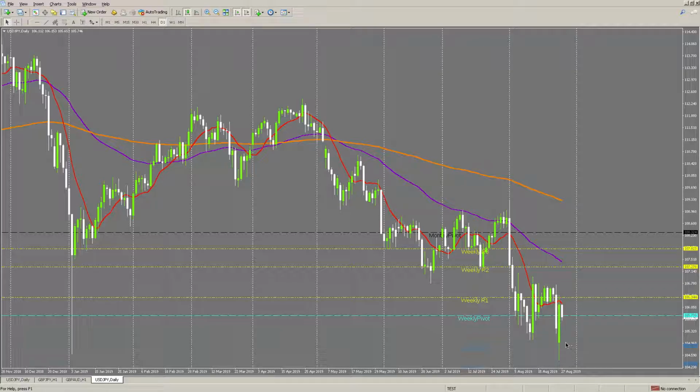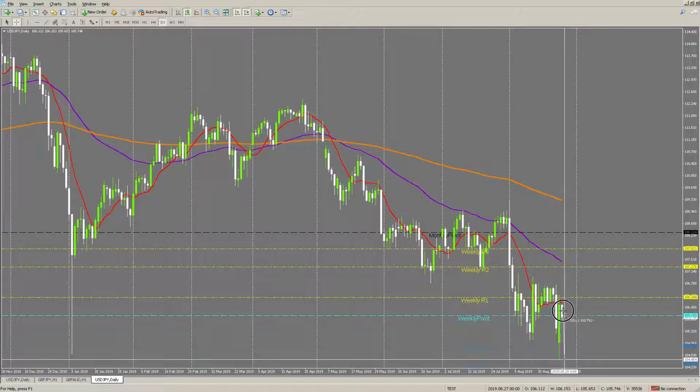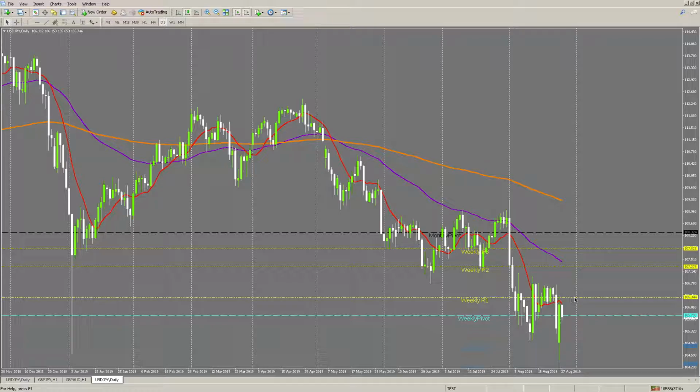And yesterday, after making a significant low here at 104.45, it rebounded and came all the way back up 190 pips to the weekly R1 pivot level.